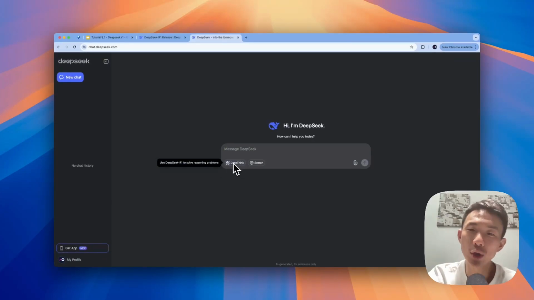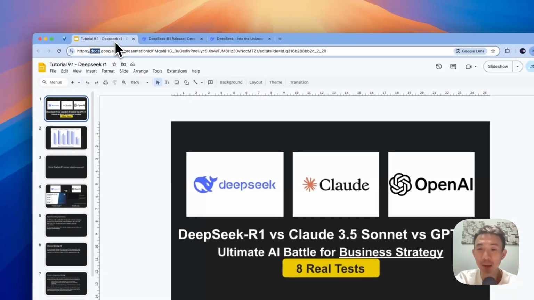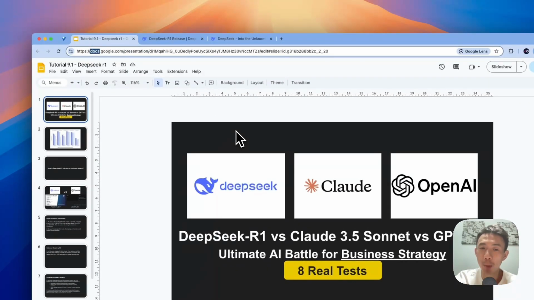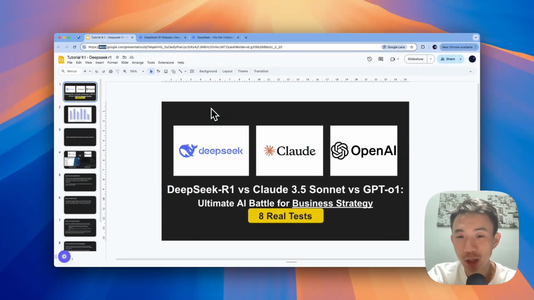And for the API cost, it is 27 times cheaper than GPT-o1's model. As for the application of the DeepSeek-R1 model, many other channels have already covered how we can use DeepSeek-R1 on coding, so I'll focus more on the business side.